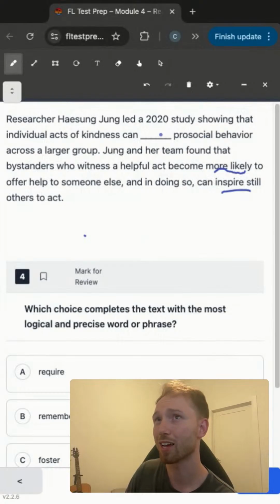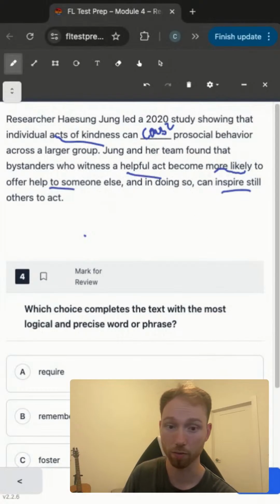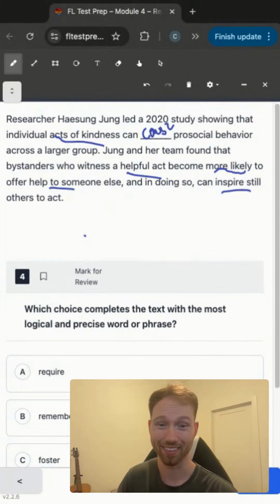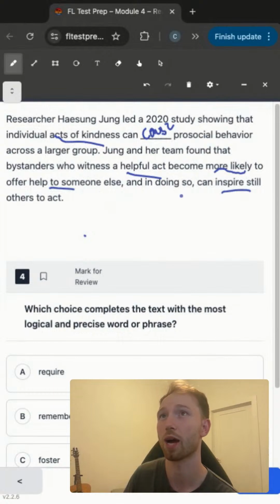So I'm just going to say support, cause. Sounds like individual acts of kindness or witnessing a helpful act make people more likely to help someone else. So it causes pro-social behavior. That's my prediction. So not a lot of transitions, but definitely a lot of strong words. Inspire, helpful, more likely, kindness, strong words, tons of tone, mucho positive. So cause is going to be my prediction.